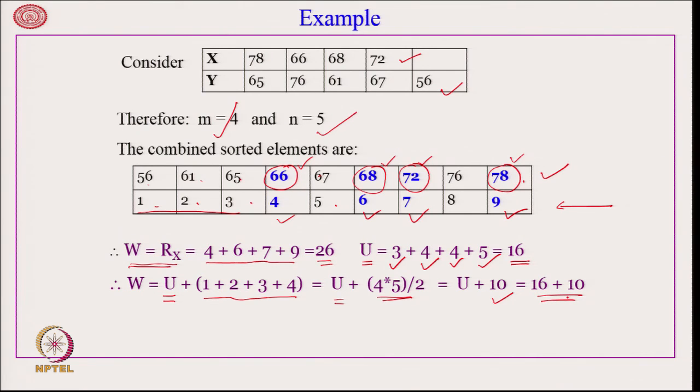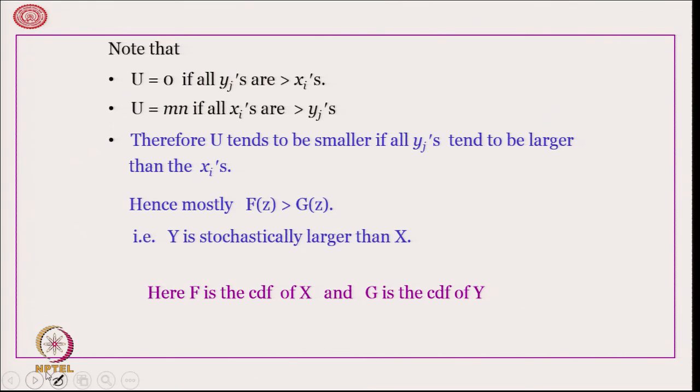Hence, we verify the relationship between W and U, that W is equal to U plus m(m+1)/2. Now, note that U is equal to 0 if all y_j's are greater than x_i's. That is pretty obvious, because if the x_i's are here and the y's are here, then all x_i are less than y_j.